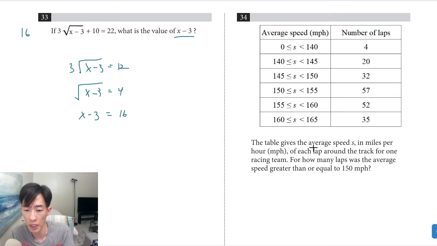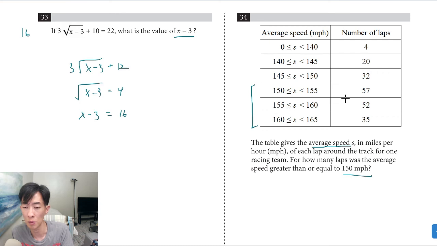34. The table gives the average speed s in miles per hour of each lap around the track for one racing team. For how many laps was the average speed greater than or equal to 150? So notice these are all ranges, and since we're including 150 on the lower end, then it's really these three categories right here, because it starts at 150, goes all the way up to right under 165.